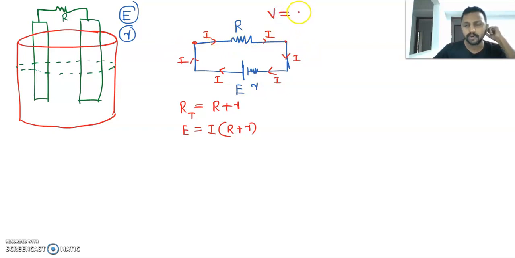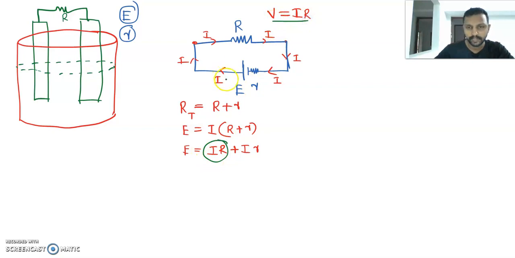By Ohm's law, we know V is equal to IR. Potential difference across the resistor should be equal to current into resistance. We have learned it from Ohm's law. Then if I expand this equation, I could write E is equal to IR plus I small r. Can I? Yes. Then in this, what is IR? IR is V.